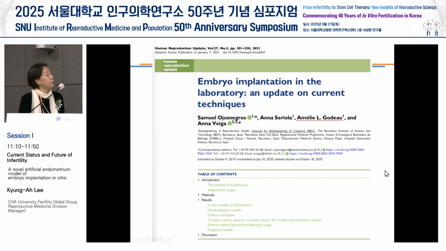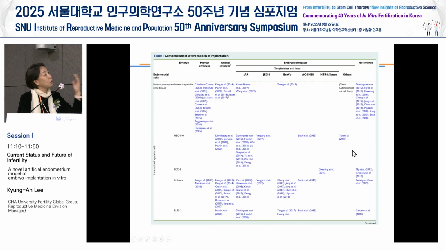With this review, we can recognize that many cells are used for the endometrial part, epithelial cells and stromal cells. It is also very difficult to get human embryos, so many cells are used as embryo surrogates. Trophoblast cell lines are used to make embryo spheroids.